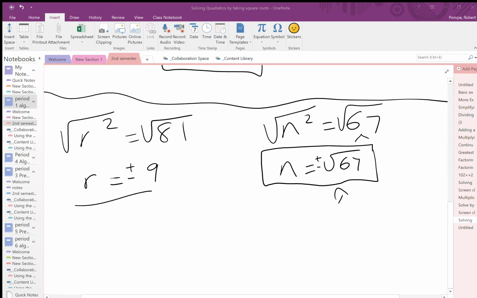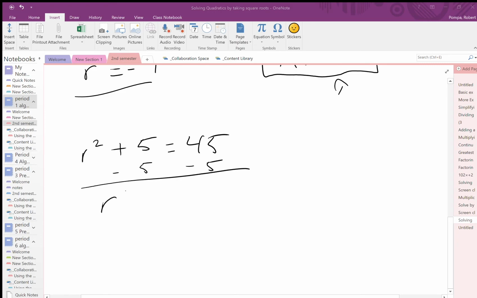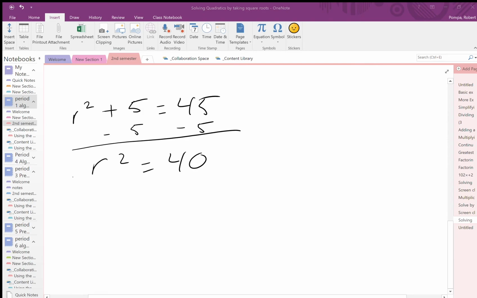Okay, so here's another example. R squared plus 5 equals 45. Subtract 5, subtract 5. R squared equals 40. Square root both sides.